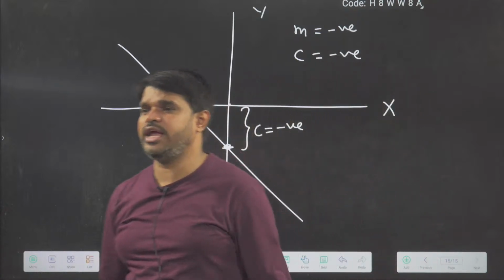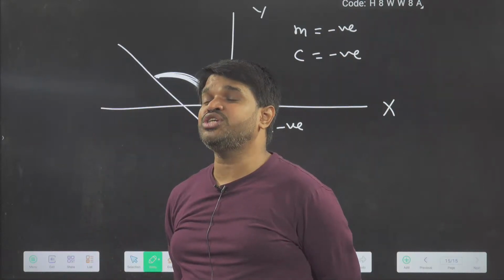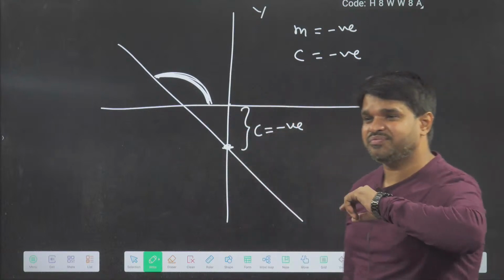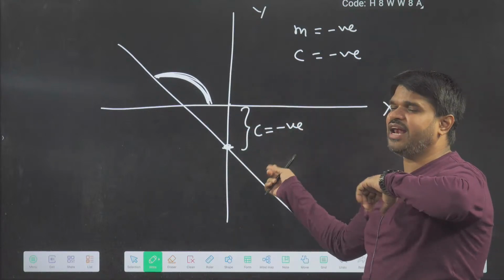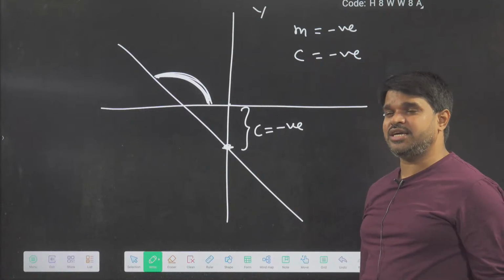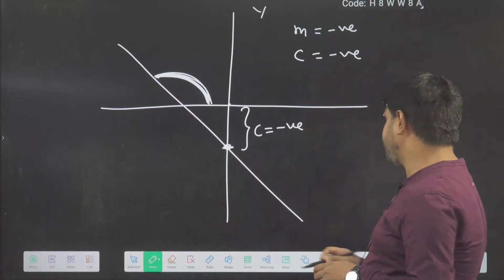Now, let me give the question in reverse. Everyone write the question. Until now, by giving a line, I asked you to find M and C. Now, I will give you M and C and ask you to draw the line.